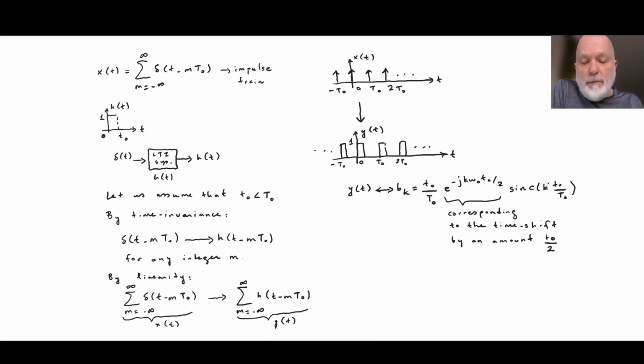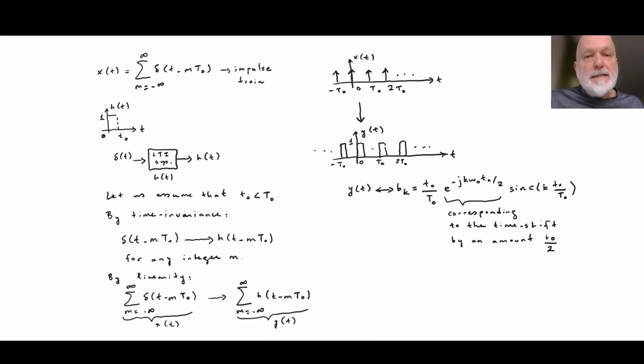By the way, why did we choose t0 less than capital T0? Well, in fact, there is no need for such a restriction, but under this choice, the pulses will not overlap when we evaluate y of t.